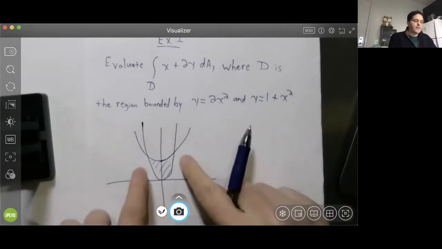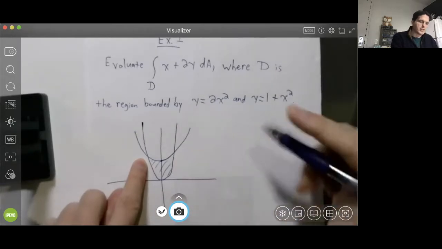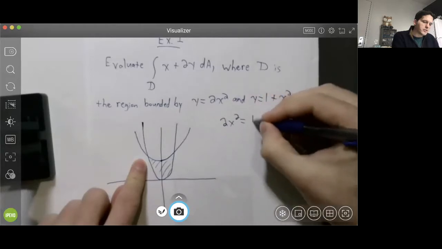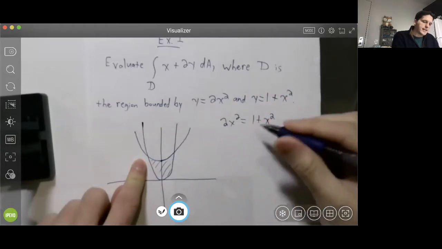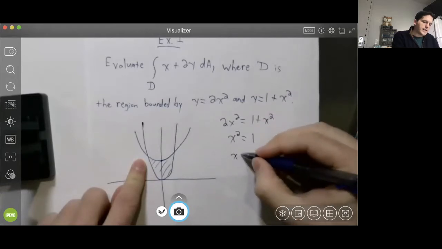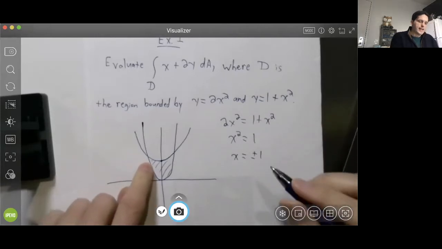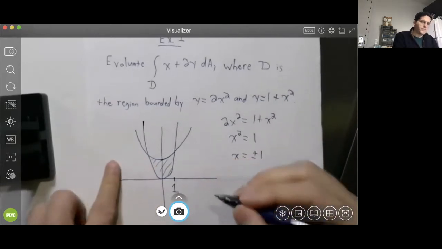And let's find the coordinates of these two points where these two curves intersect. So at these points of intersection, we have 2x squared equals 1 plus x squared. So that means that x squared is equal to 1. So x is equal to plus or minus 1. And so here's x equals 1.